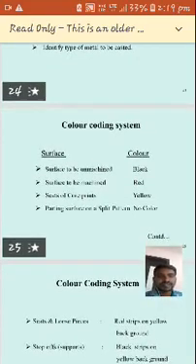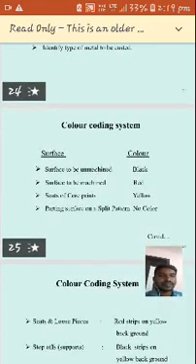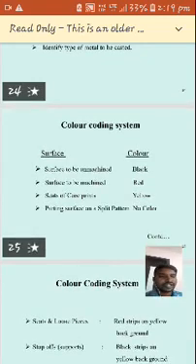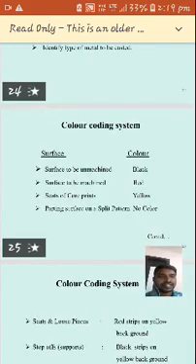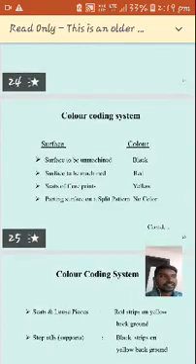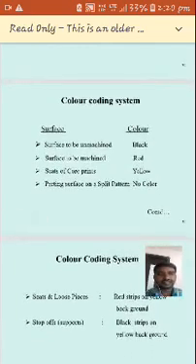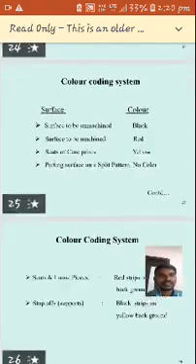The surface to be unmachined is black color. The surface to be machined is red color. Black is unmachined and red is machined. Seats of core prints are yellow color. Parting surface on split pattern has no color.